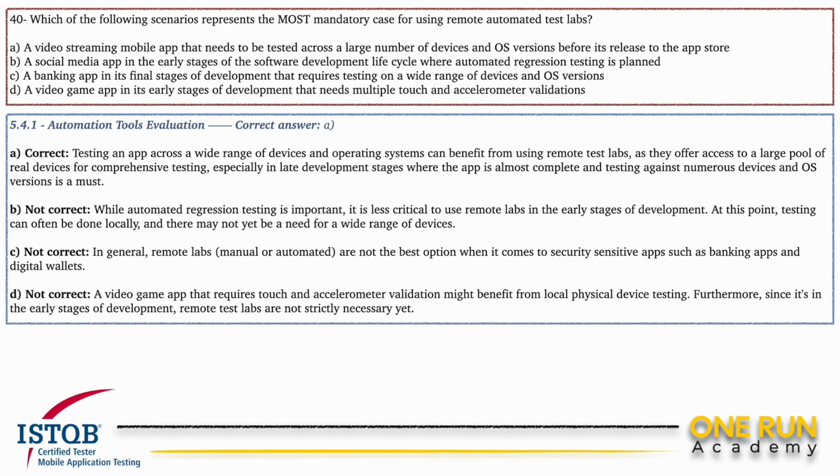Local device testing is more appropriate at this stage, so it is very evident that option A is the correct answer. This scenario demands extensive testing, which remote test labs can handle efficiently by providing access to a wide variety of real devices and operating systems.